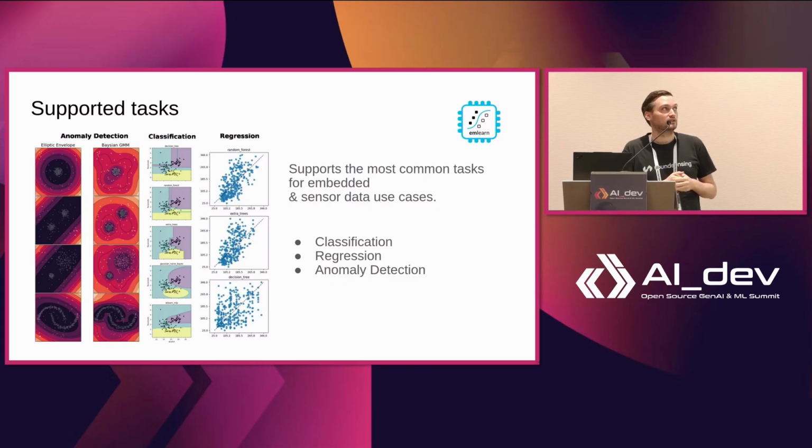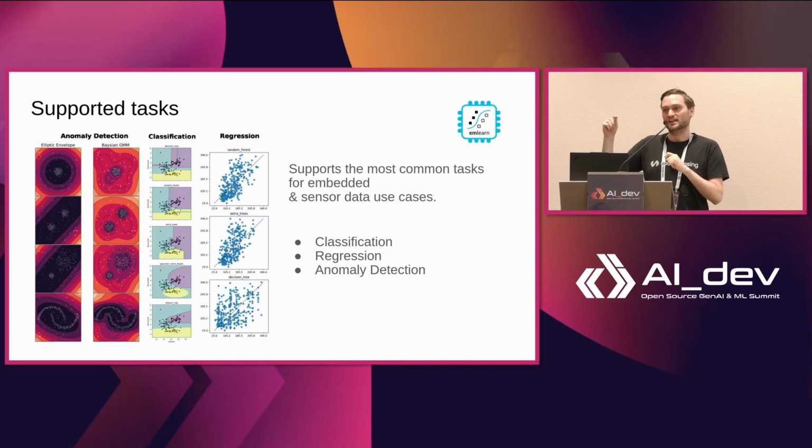So we support the typical tasks for these types of devices, which are anomaly detection, detecting something is odd or unusual compared to normal data, classification, which is giving a discrete class out, or regression tasks, which is sometimes also used to make a sensor that gives a simple reading out, but you might have used something advanced as the input, like radar data.